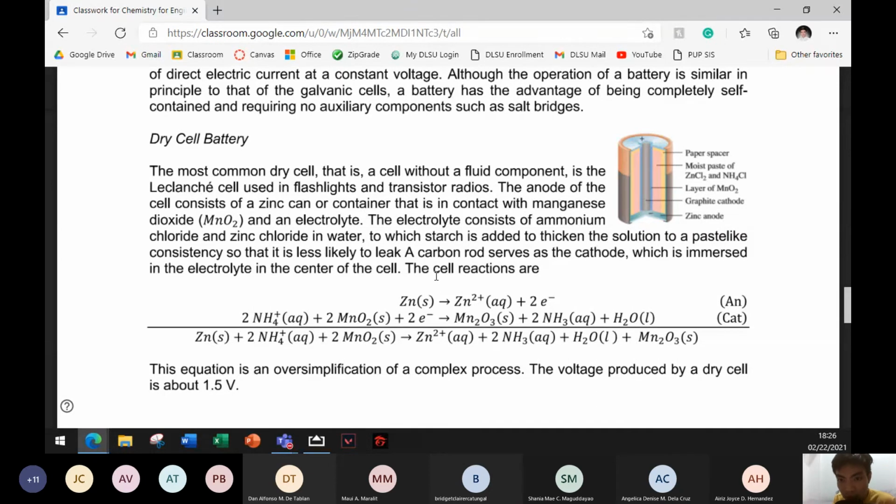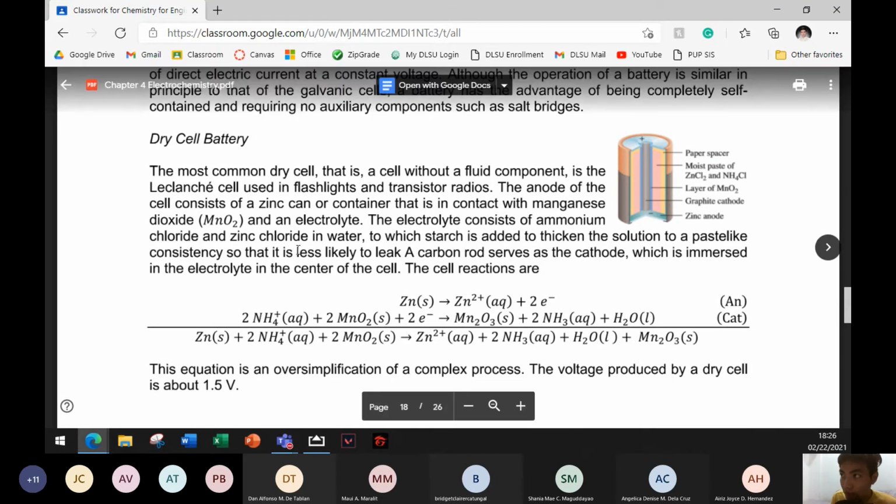And yung nasa loob, yung paste natin ng manganese 4 oxide and ammonium chloride, nako-convert sila into these products. So mamasa-masa 'yon kasi may water na mapo-produce and at the same time mabaho, 'di ba? Mabaho siya because of the ammonia na napo-produce ng redox reaction. Okay? So, yun yung reason bakit siya mabaho, bakit siya nasisira, no? Kasi nasa redox reaction na niya yan.